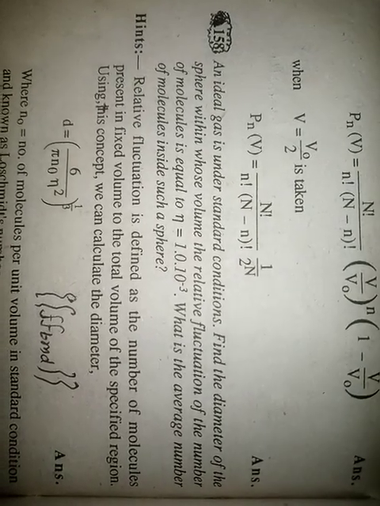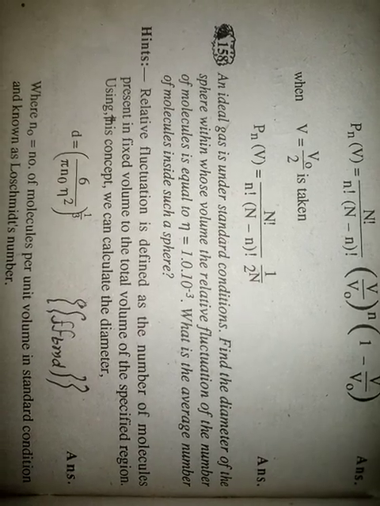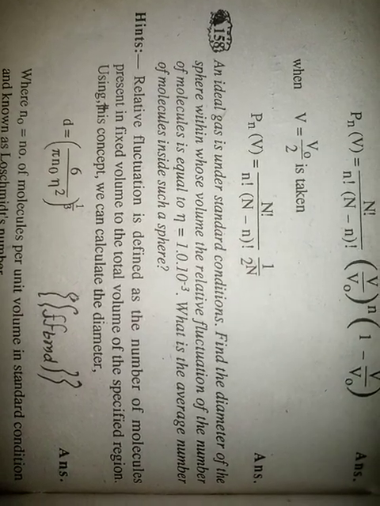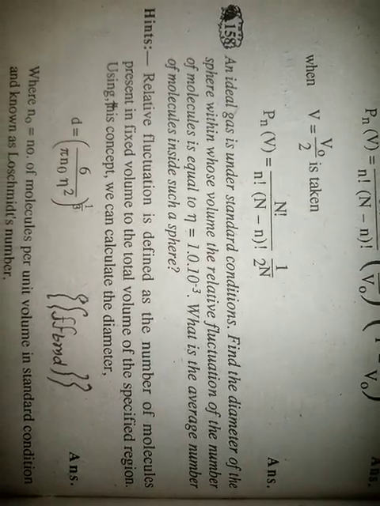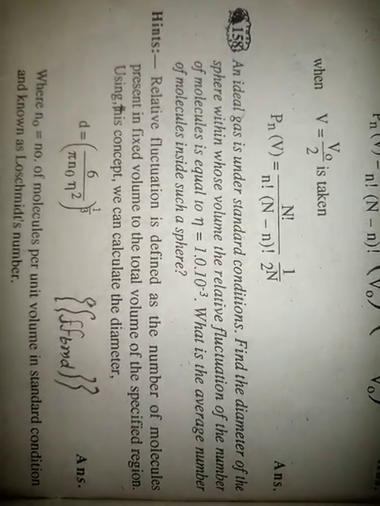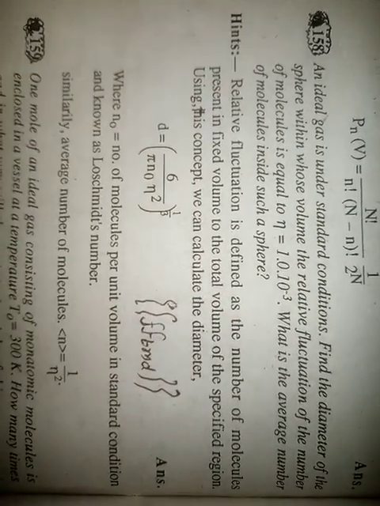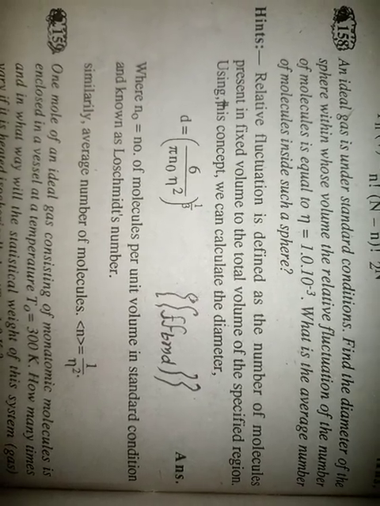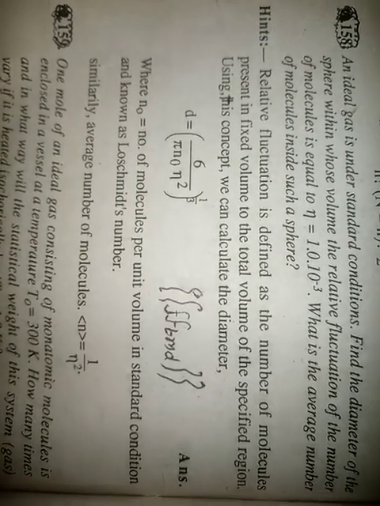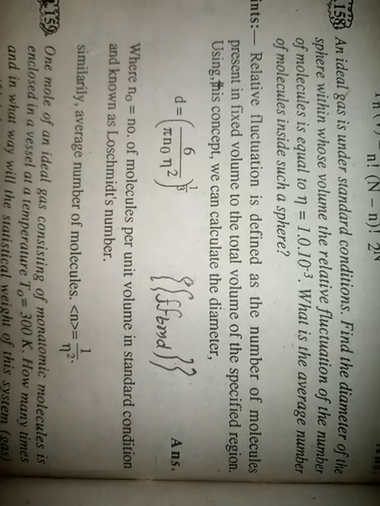An ideal gas is under standard conditions. Find the diameter of the sphere within whose volume the relative fluctuation of the number of molecules is equal to eta equals 1.0 into 10 to the power minus 3. What is the average number of molecules inside such a sphere? Relative fluctuation is defined as the number of molecules present in a fixed volume relative to the total volume of the specified region.